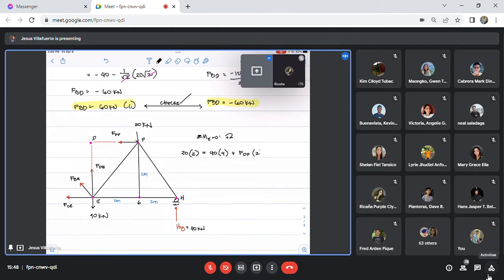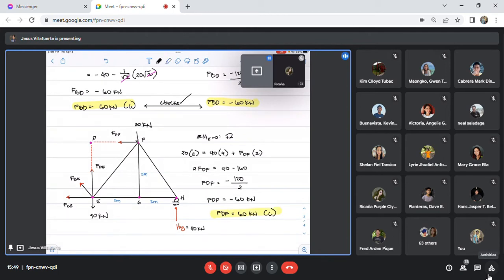So therefore, 2 FDF is equal to 40 minus 160. So FDF is equal to negative 120 over 2. So FDF is equal to negative 60 kilonewton, or FDF is 60 kilonewton, and that is compression.